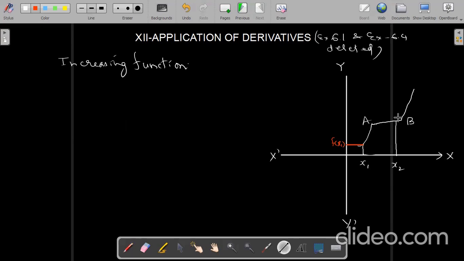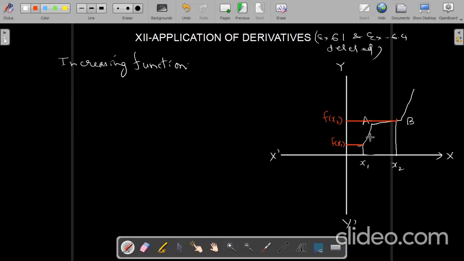Similarly, at this point, the value of the function is f(x2). f(x1), f(x2). So here you can see x1 is less than x2 and f(x1) is also less than f(x2).